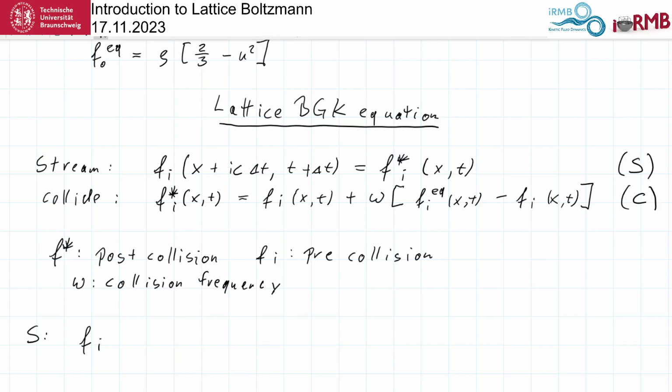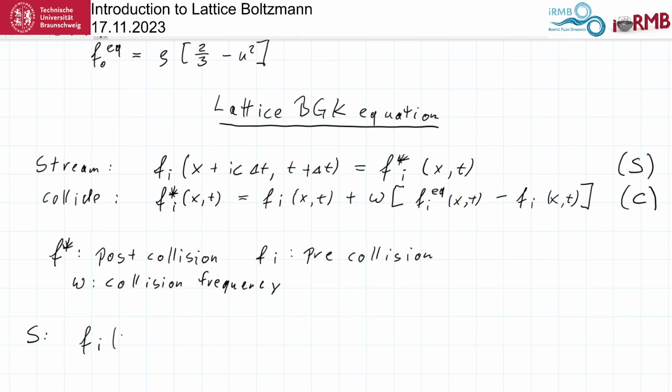So in the characteristic diagram, this is more or less to say that the distributions, or the populations, exist in between the collisions, not at the collisions. Yeah, so in between the collisions. So what does it mean?